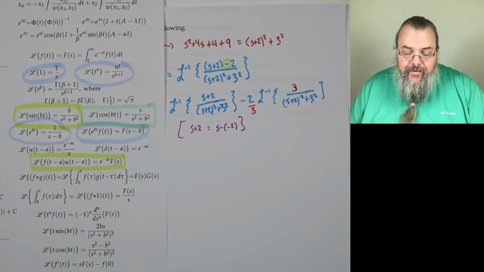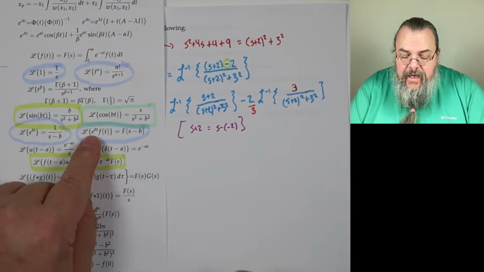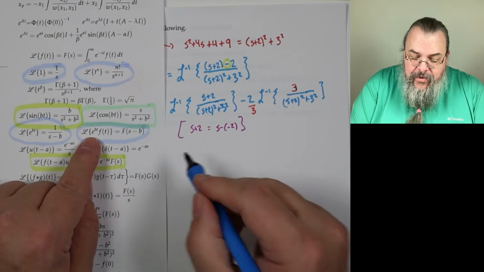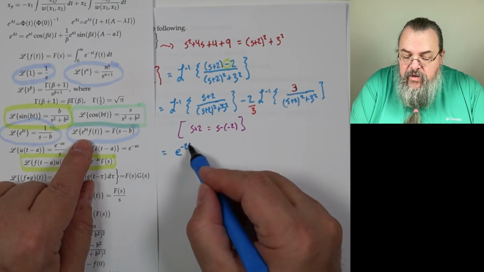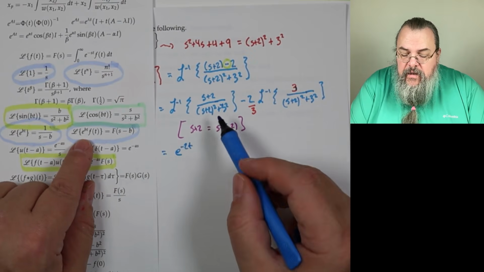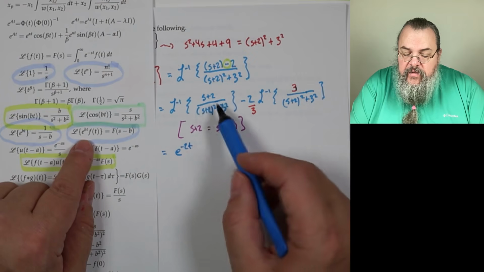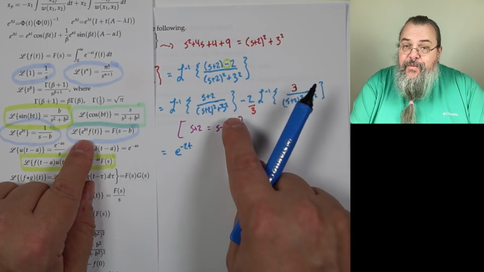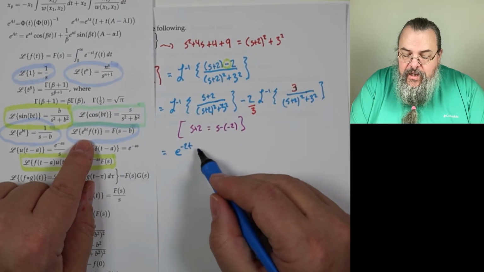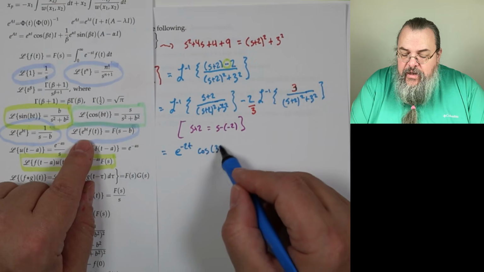Well, it tells us that we're going to get an e to the minus 2t. So this is e to the minus 2t, and then it's like taking the inverse Laplace of the thing without the plus 2, s over s squared plus 3 squared. So that would be cosine 3t.